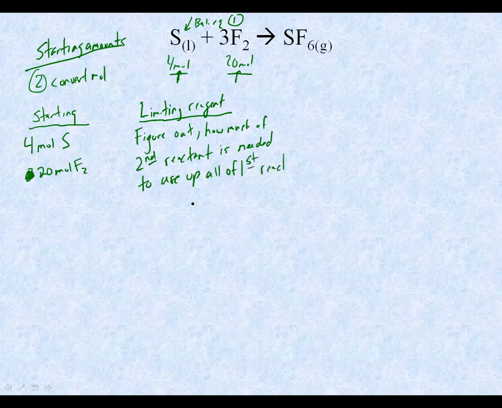So one way you could do this is just a basic stoichiometry problem where you pick one of these reactants, either the sulfur or the fluorine in this case, and you do a basic problem. For example, I'm going to take the sulfur and try to figure out how much F2 is needed.